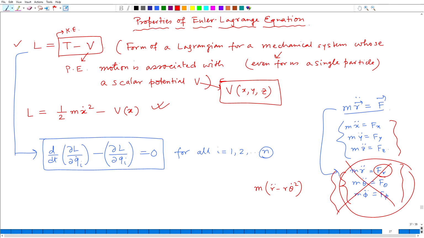But here the main advantage is that, let us say if your generalized coordinates are now theta and phi, without thinking anything, just blindly and bluntly you can write d dt del L del theta dot minus del L del theta will be 0, and d dt del L del phi dot minus del L del phi will be 0, given you have correctly found the Lagrangian.